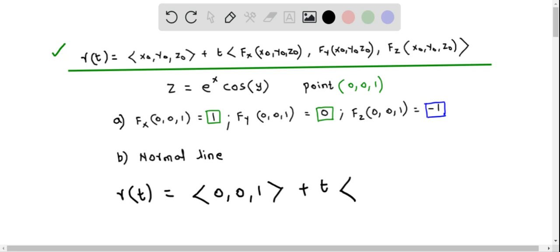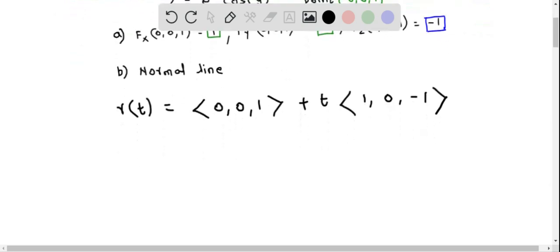So fx at 0 comma 0 comma 1 is 1, and then the partial derivative of f with respect to y at the point is 0, and then the partial derivative of f with respect to z at the point is negative 1. So this is basically the vector equation of the normal line. We can give the parametric equation of this normal line.